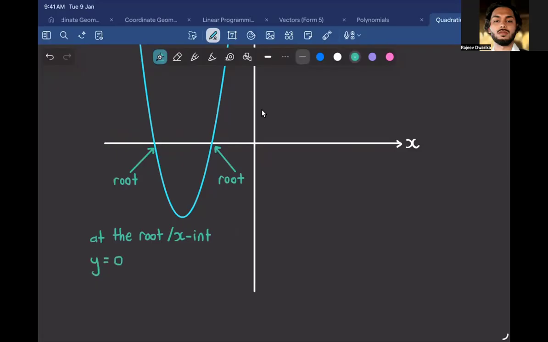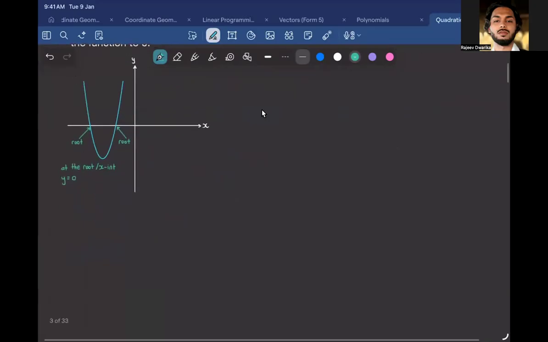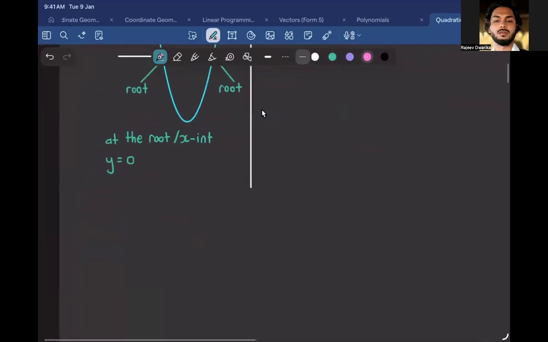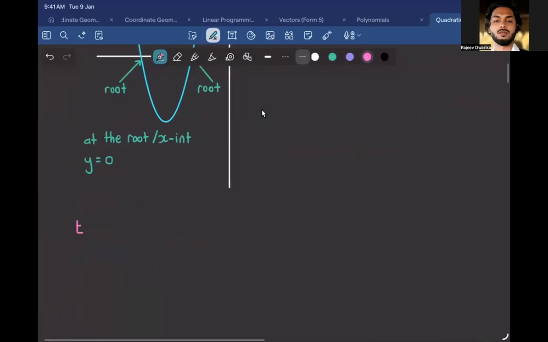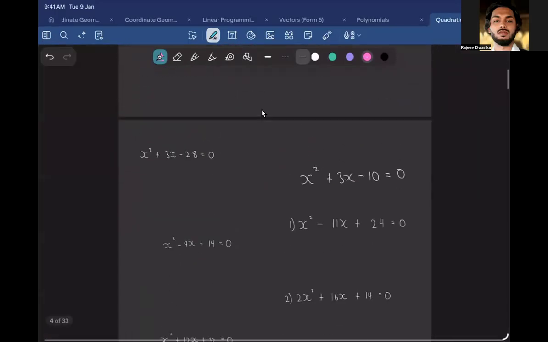Now, why do we need to know that? Let me see. So, look at an example. Do I have any examples here I could just pull from?